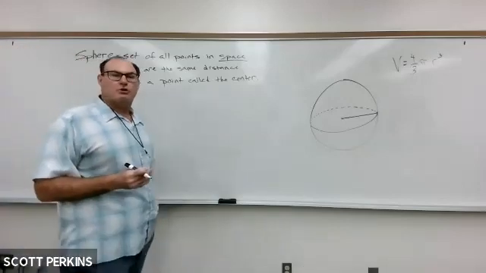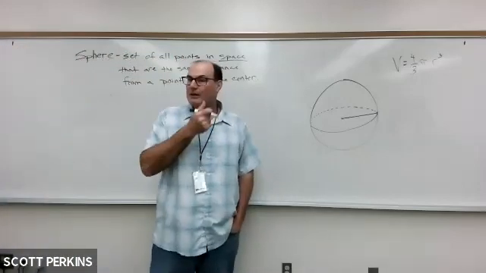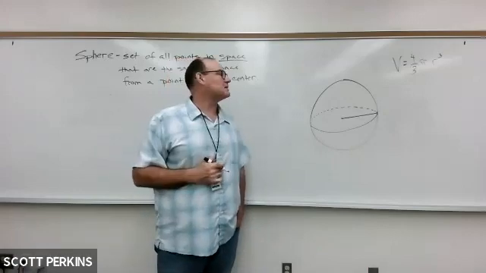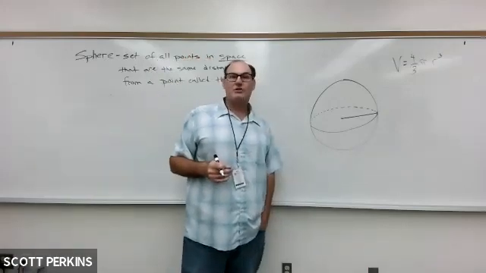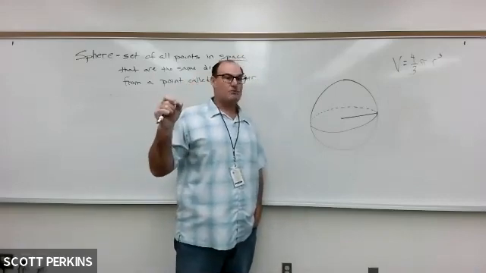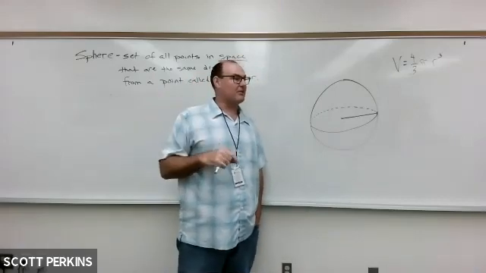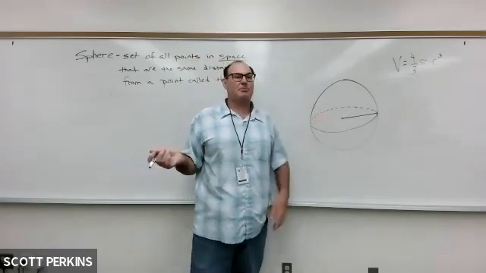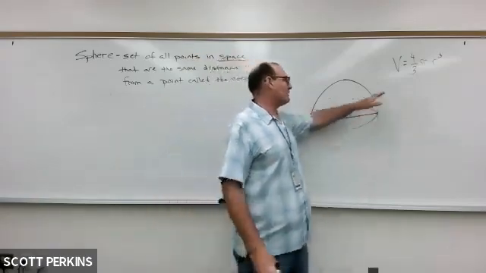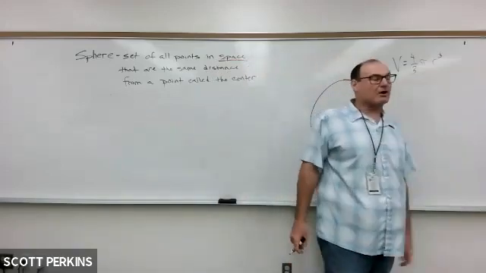If you don't know how to do cubes in your calculator, I can show you how to do exponents in your calculator. It'll take you 2 seconds. But if you don't want to do that, then just hit the radius, whatever the value is, times itself, hit multiplication. So it's pretty straightforward. It's just a plug and chug problem. So the key here is remembering 4/3 pi r cubed.